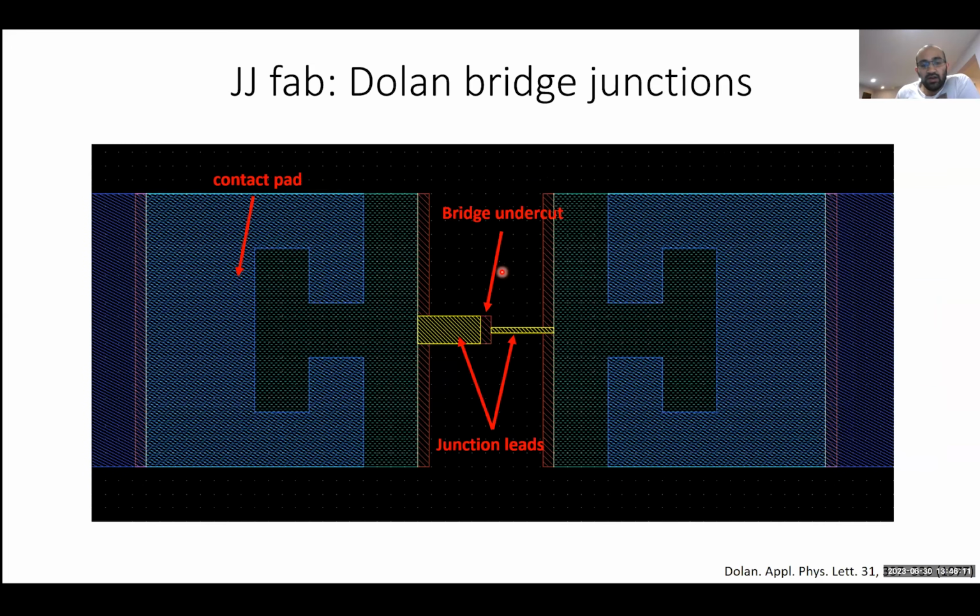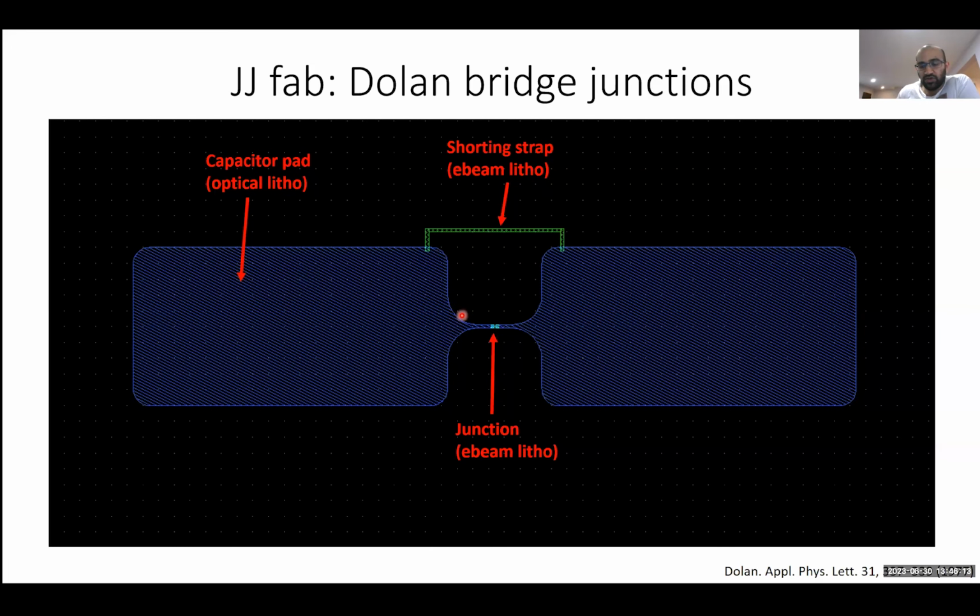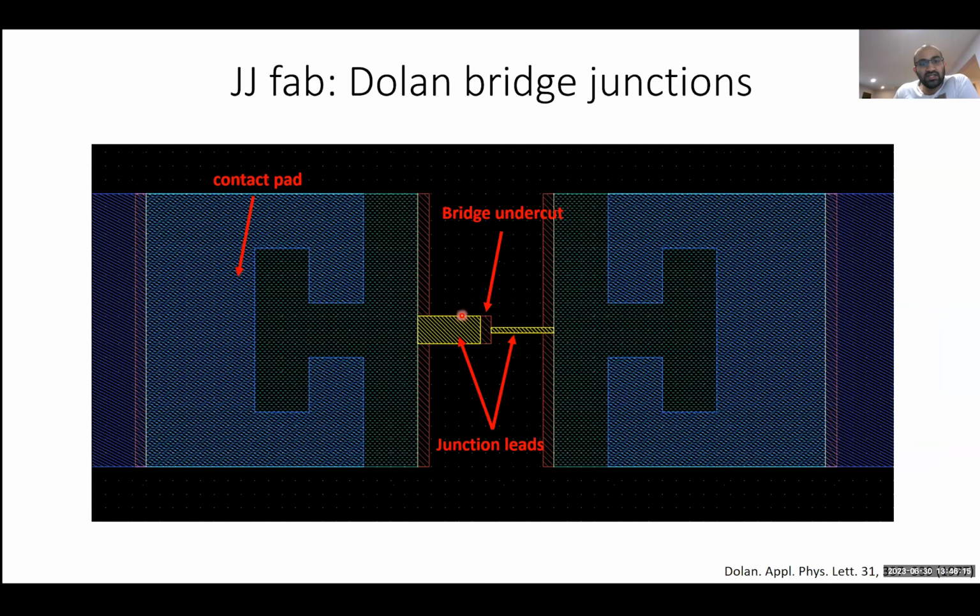And if I zoom in to this region here, this is what the design will look like. I have my junction leads here. I have the bridge right here, and the bridge we will dose with a low dose, and the junction leads will be exposed with a high dose. Over here we have these contact pads that will form the connection between the junction and your capacitor pads.